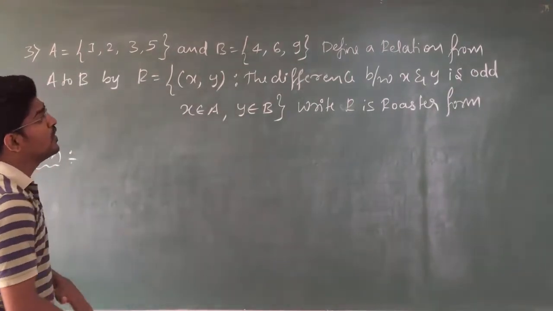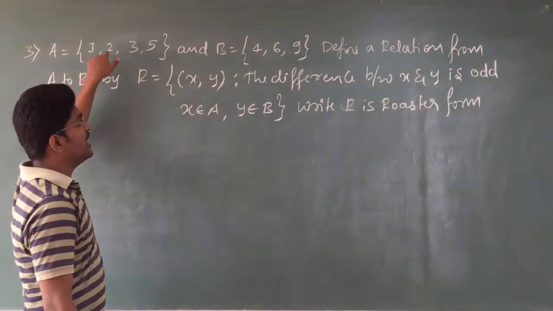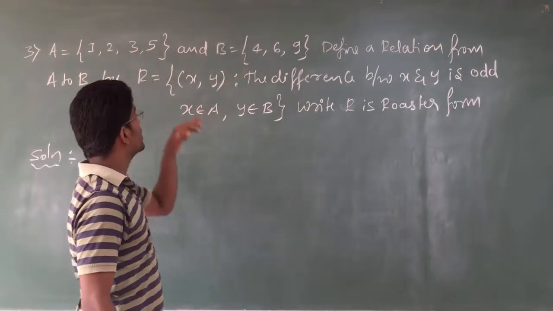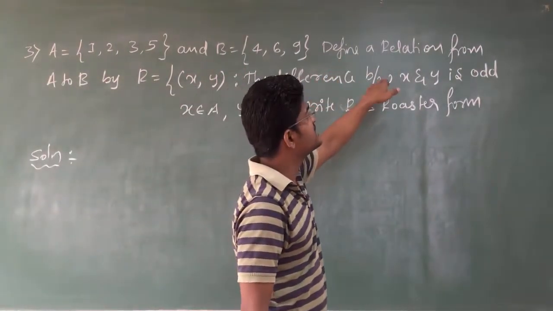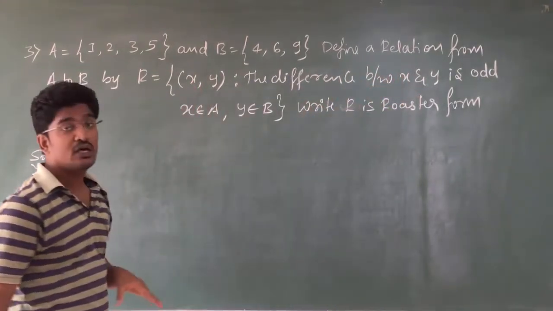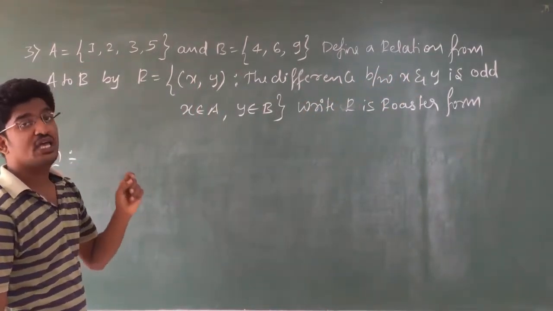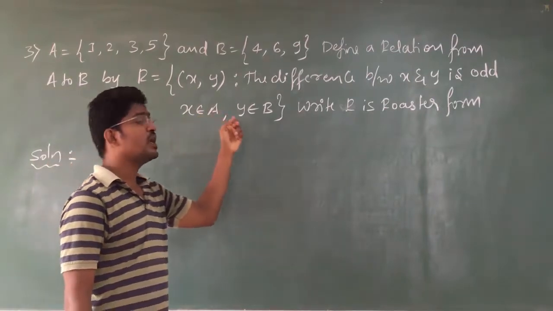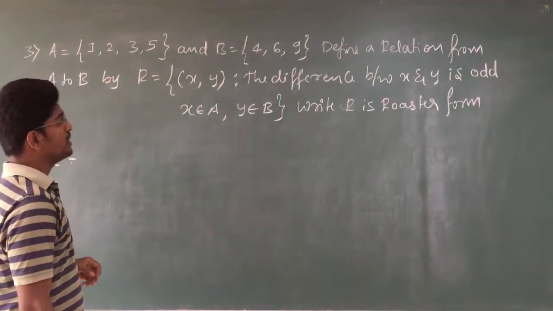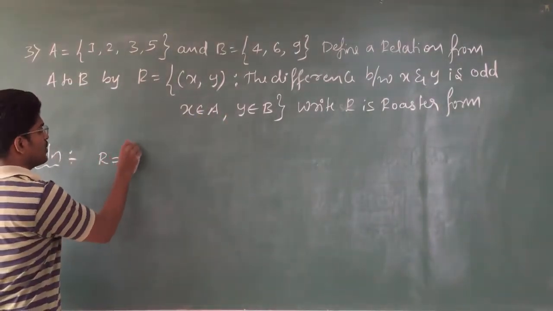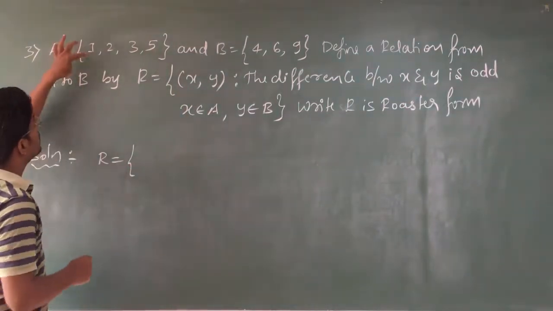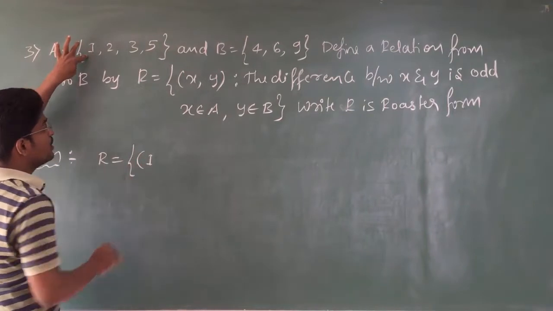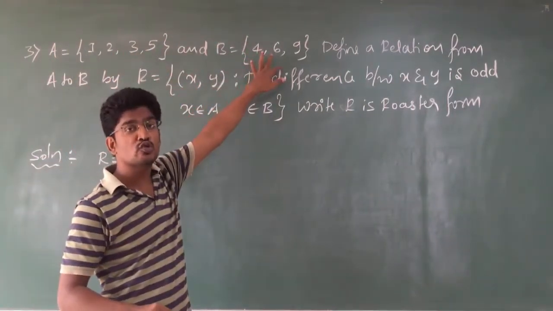No problem. Okay. So they have given the set A and the set B, and the condition for the R is the difference between x and y is odd. x belongs to A, y belongs to B. Okay. See here, R equal to the set of x belongs to what? A. From A I will choose 1. Now from B you have to choose the element.